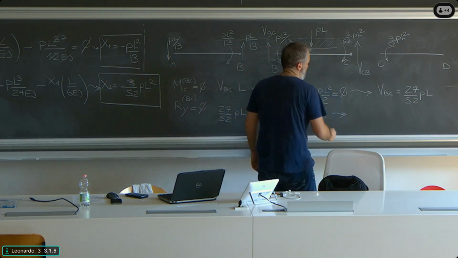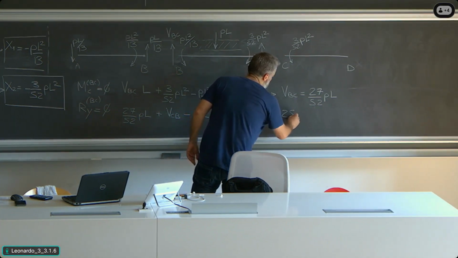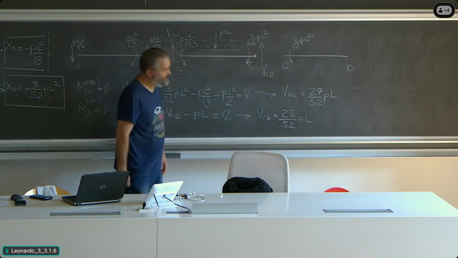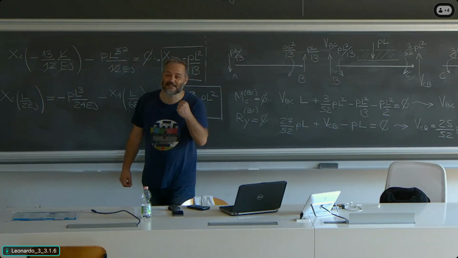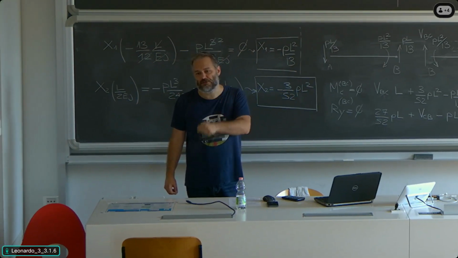You do the math, and what do you get? VCB equal to 25 over 52 PL. As you see, slightly less than half of the load, which would be 26 over 52.